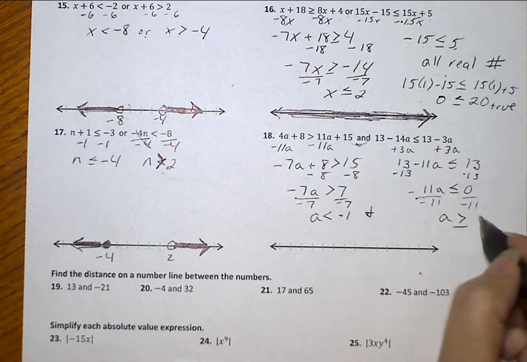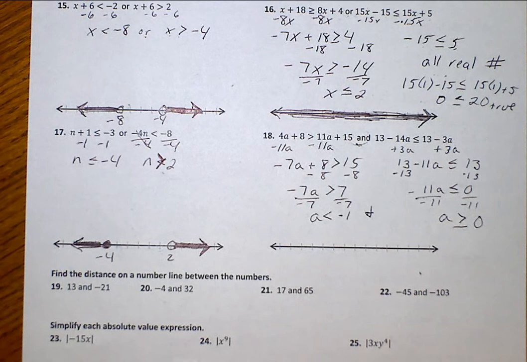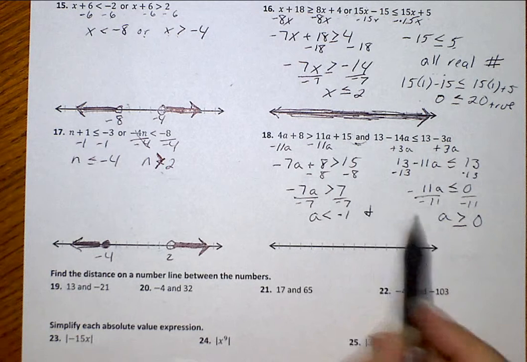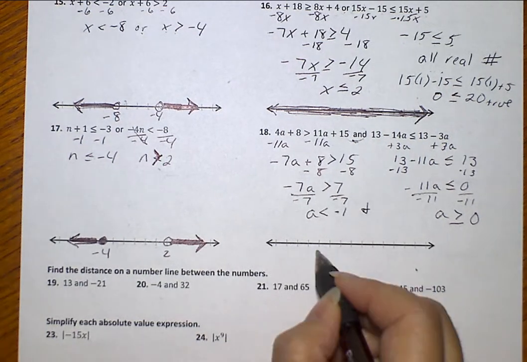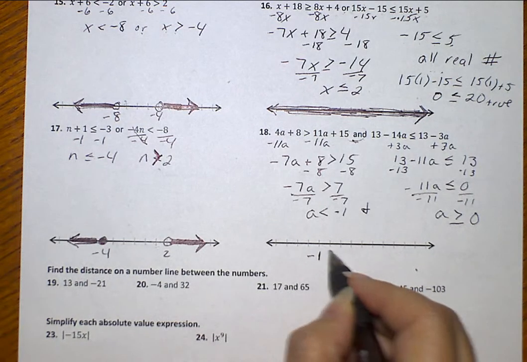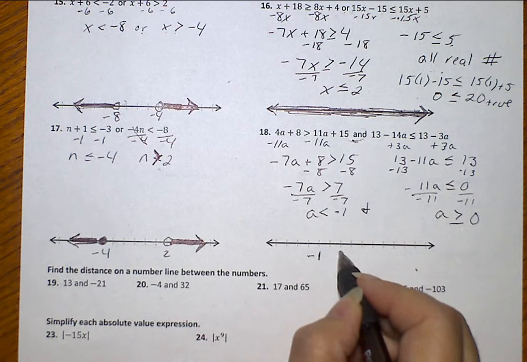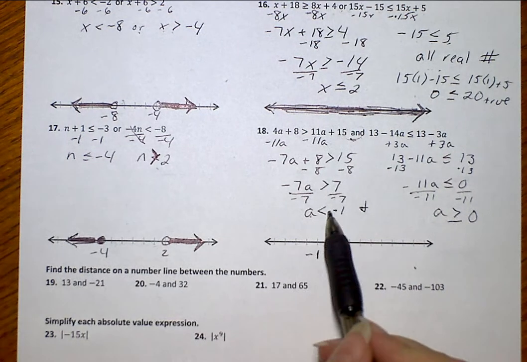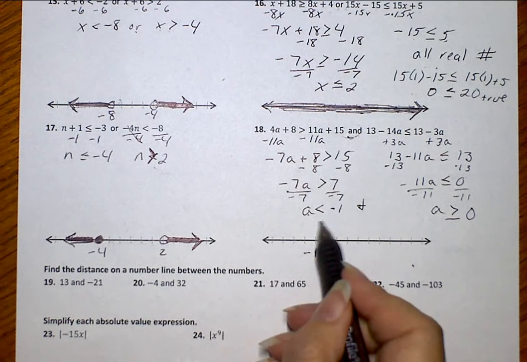So we have to find out what do they have in common. So if this is my negative 1, and I'm going to count by 0.5, so say this is my negative 1 and this is my 0. Negative 1 is open, and goes this way.